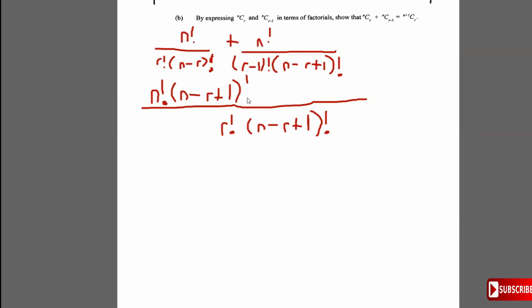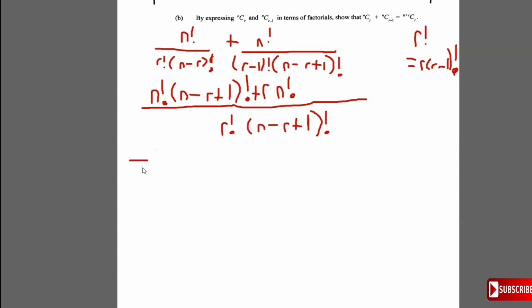Primary school maths is just with letters. And then this into this. R minus 1 factorial into this. R factorial divided by r minus 1 factorial. You have to remember that r factorial is really r times r minus 1 factorial. So this into this leaves r, so it's going to be r times n factorial. Remember, we're adding them plus this.